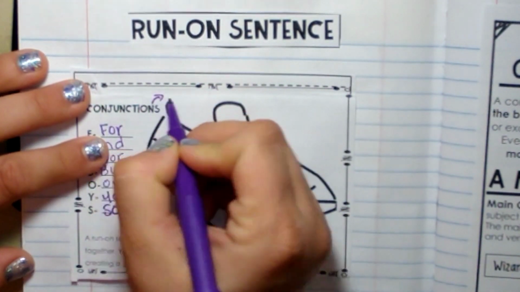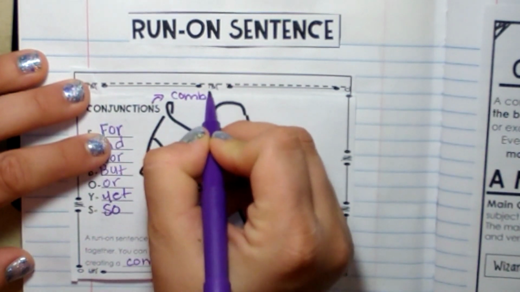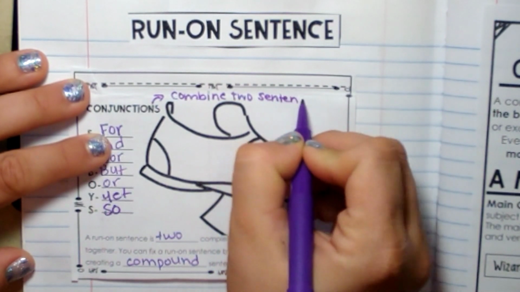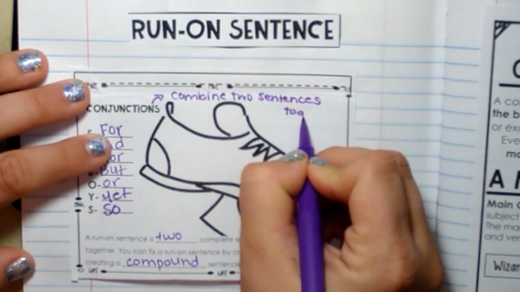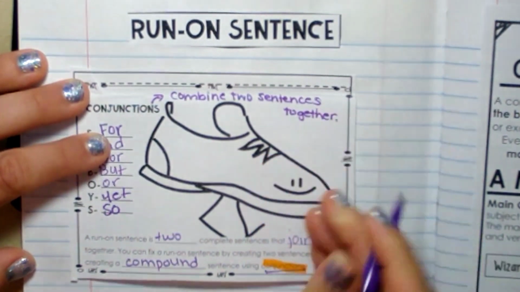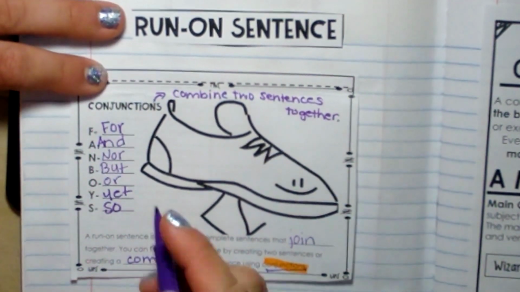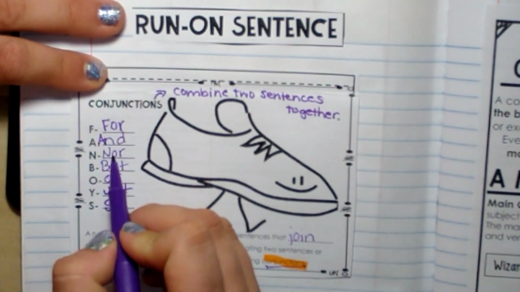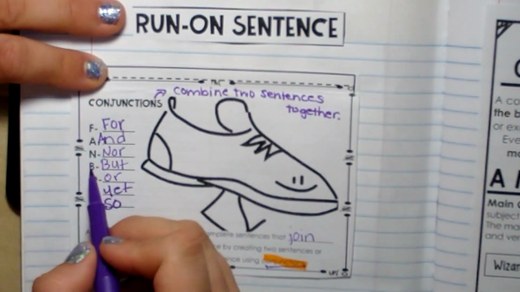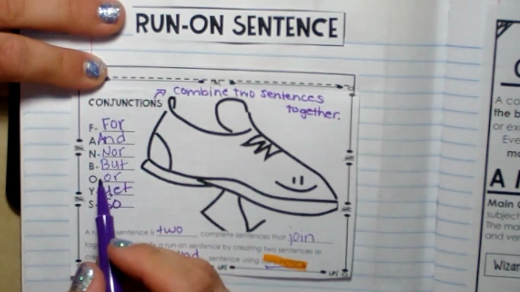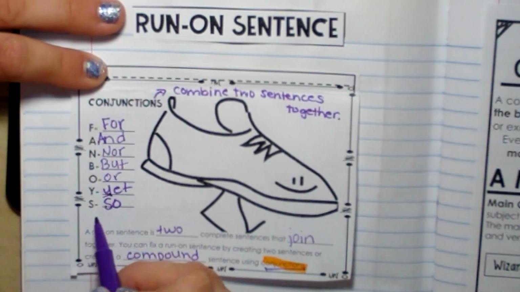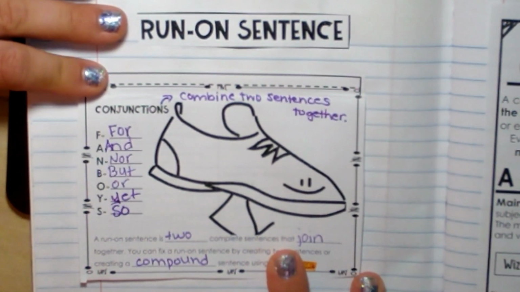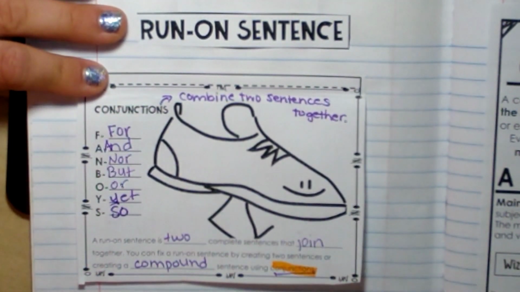So fanboys: F is for, A is and, N is nor, which is like neither, B is but, O is or, Y is yet, and S is so. So pause the video there and finish completing the notes, and then we're going to move on to inside.